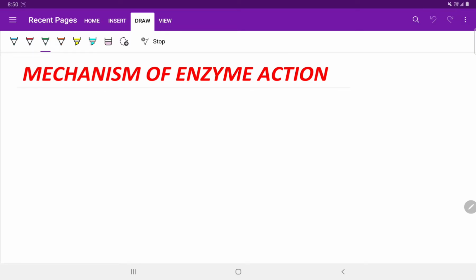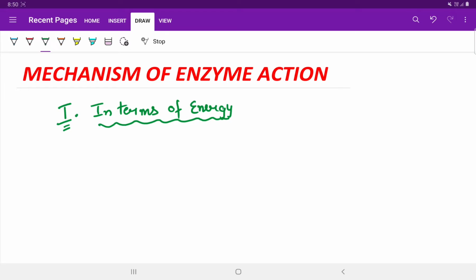The first one is in terms of energy, whereas the second one is in terms of active site facilitating catalysis. So that is a different theory. Now we shall be starting with the first one, that is in terms of activation energy.